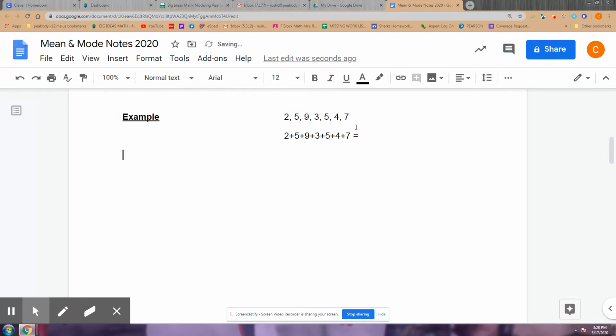I'm going to try to write it down here with this little pen to show you also, because we should be showing our work. So I'm going to use the purple. I know that 2 plus 5 is 7, and then 7 plus 9, sorry if my writing's a little hard to read, 7 plus 9 is 16.